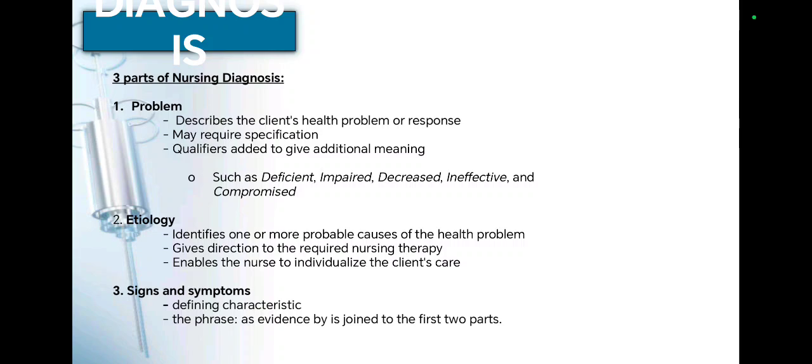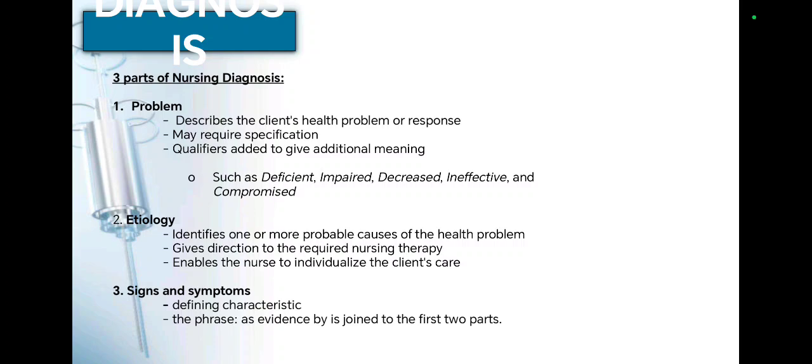Now, another patient will experience acute pain due to fracture. Another patient will experience acute pain due to difficulty of breathing. So the related factor, or the etiology, will give us the direction to focus on there. Okay? To focus on that specific problem.